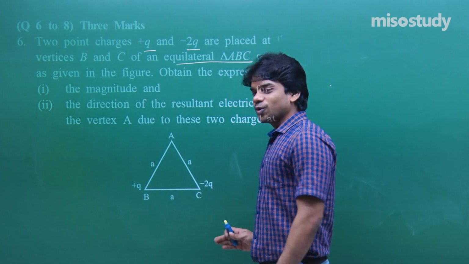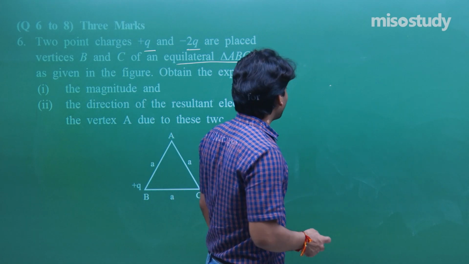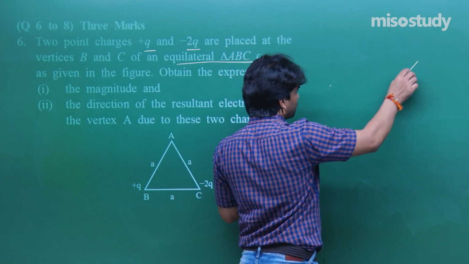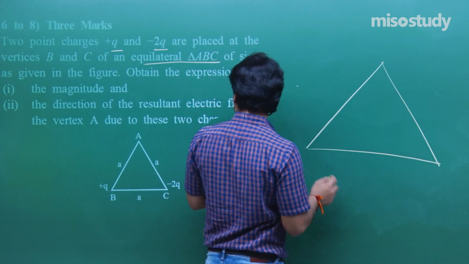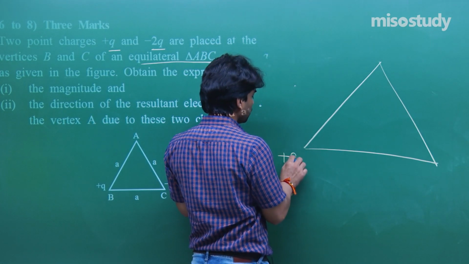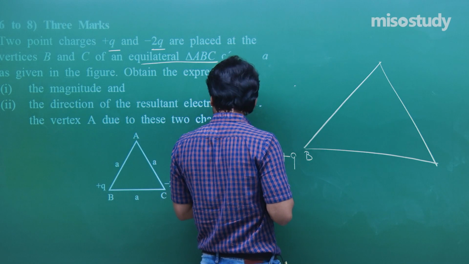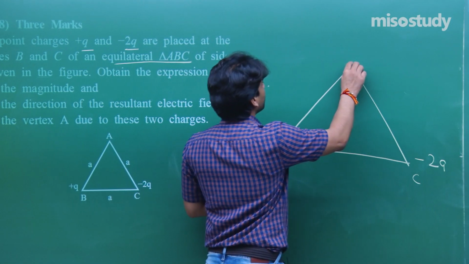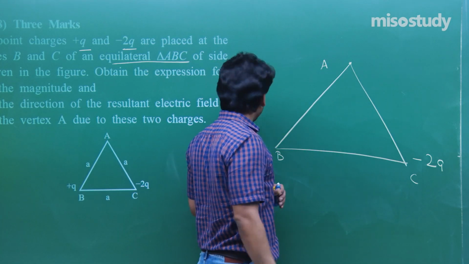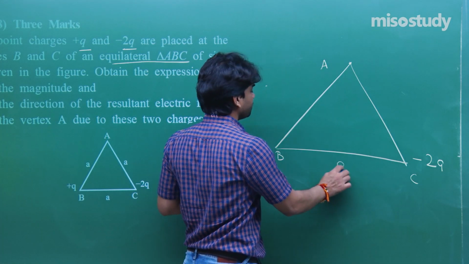Plus Q, minus 2Q. You know the method, but the question would be simpler if the charges were of the same magnitude, but here the charges are of different magnitude. So I am just mentioning here plus Q at point B and here minus 2Q at point C, and here we have point A, where we have to evaluate the magnitude of electric field.